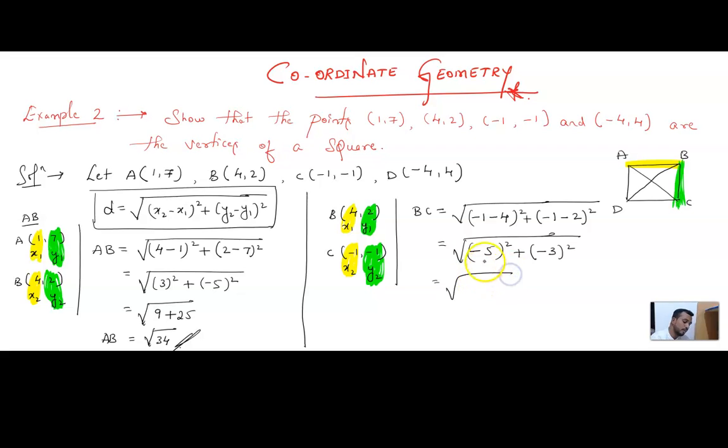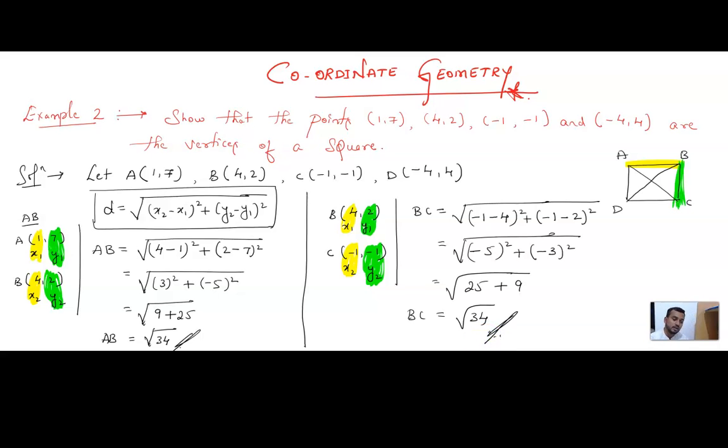Root of minus 5 whole square is 25, plus minus 3 whole square is 9. Is it correct? Wrong. Why? Because this root should come for the complete term. Now it is correct. Do remember this. So root of 25 plus 9, that is 34. So BC is equal to root 34 units.